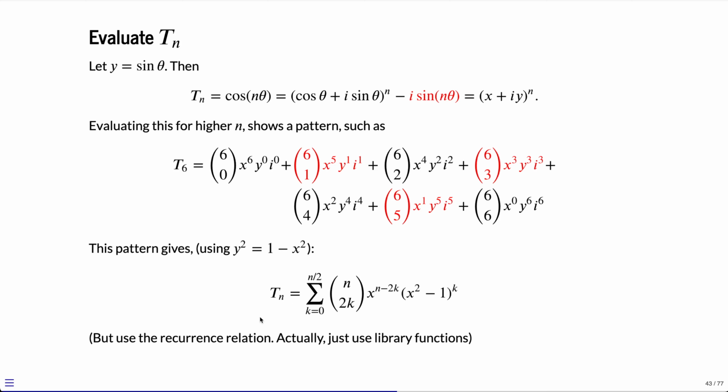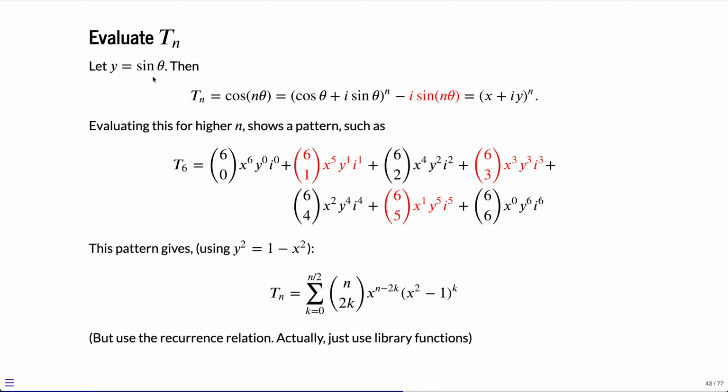For higher values of n, we can do the same thing, but now we're going to expand this power using binomial expansion. And I've listed the imaginary terms in red here, and the imaginary terms, of course, are all going to cancel because the polynomial is real, and the imaginary terms are those with odd powers.